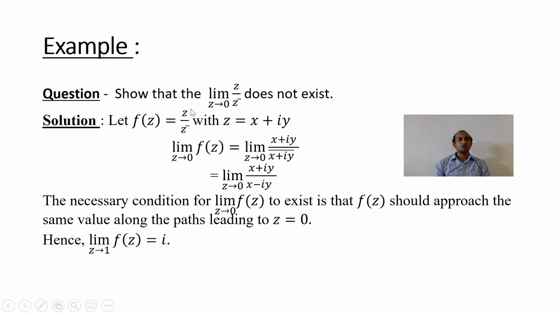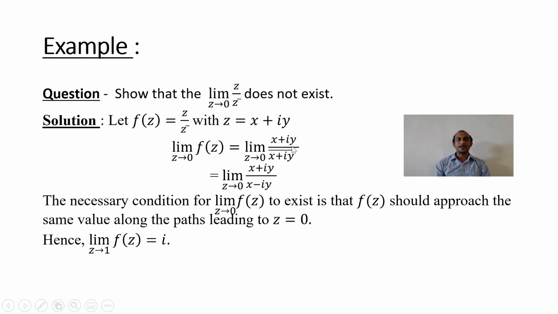So let f of z equal to z upon z bar, where we know that z is x plus iy. Always if you require complex variable z, then we take x plus iy, substituting in the limit. So we get limit z tends to 0 of f of z equal to limit z tends to 0 of x plus iy upon z bar.